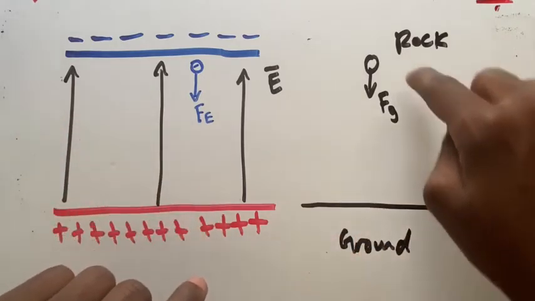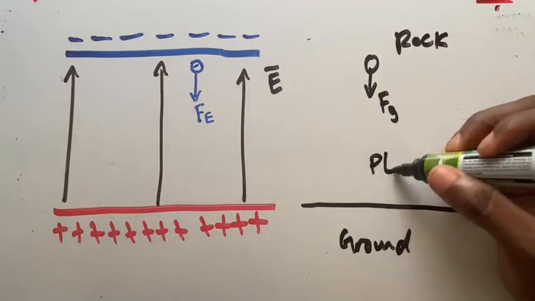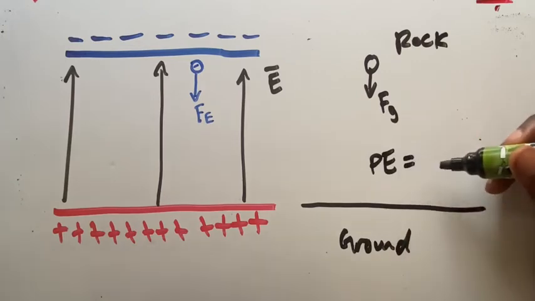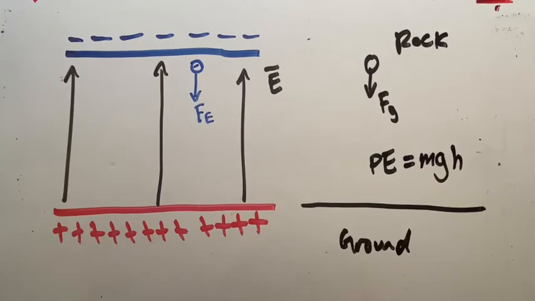And so here, the potential energy we know is given by mass times gravity times the height, right?